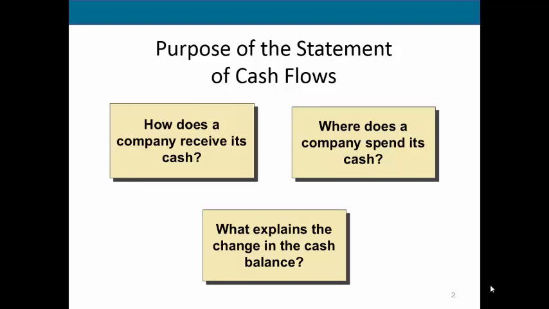It's simply a statement that tells us how we have spent our cash. So what cash has come in, what cash has gone out. And the bottom line is that it explains the change in the cash balance. What I mean there is, let's say that we're putting together the statement of cash flows for the year 2015.